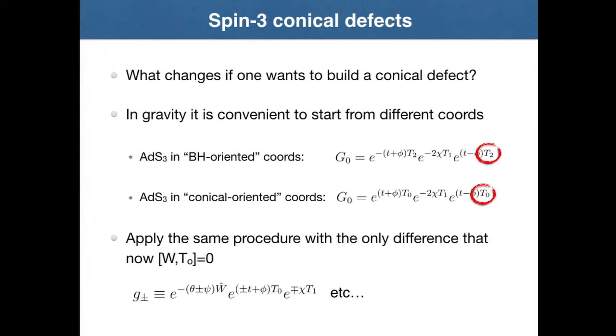Although they seem the same, they do differ, in the sense that here you have different SL2 generators. So in the case of a conical defect, you can follow the same procedure, apart from one difference: the matrix W that you obtain in order to get the extended manifold must commute with T0 and not with T2. That is the only difference. Then you follow exactly the same procedure, and you get something that instead satisfies the constraints on the charges that you expect for a conical defect.